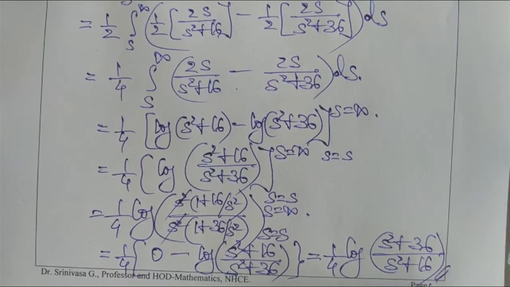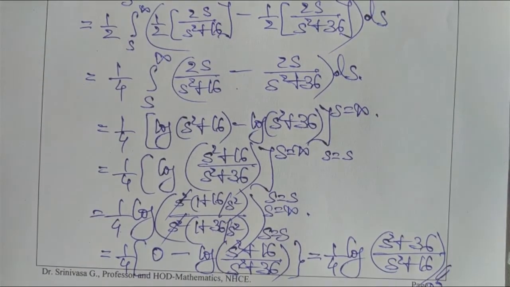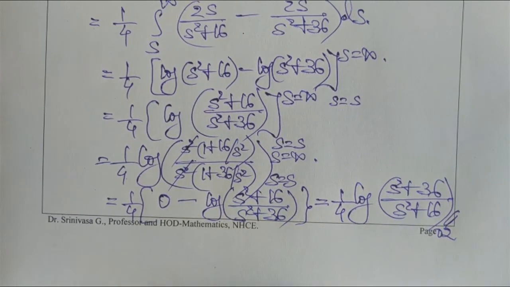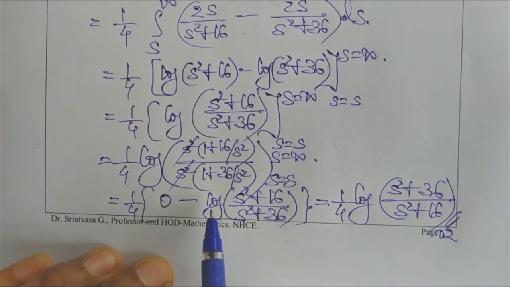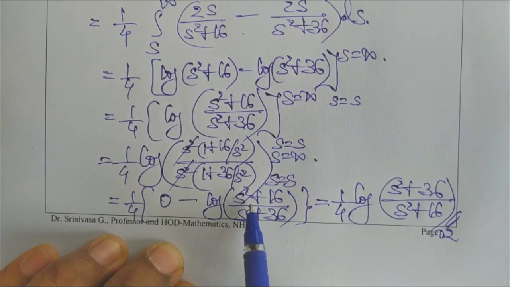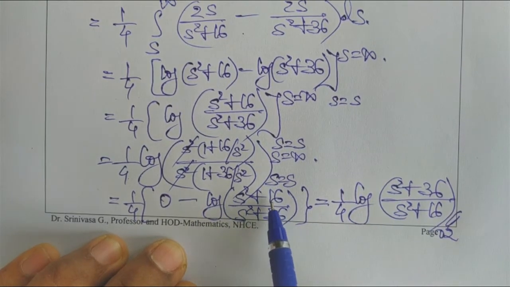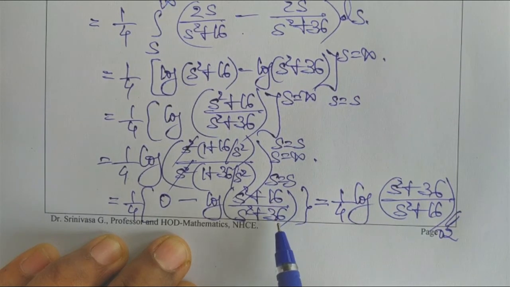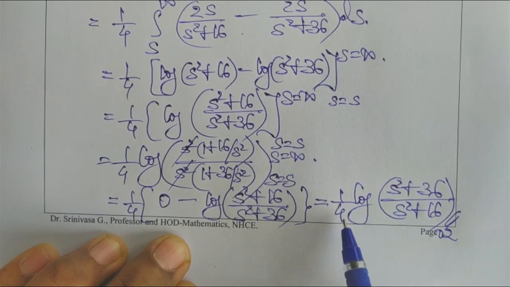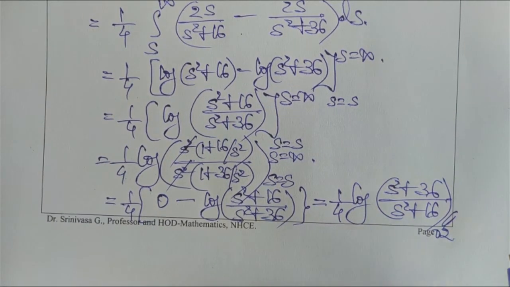This is your answer. Remember, here you should be very careful. Whenever a minus sign comes for a log, the numerator goes to the denominator and the denominator goes to the numerator, therefore it becomes plus. So 1 by 4 into log of s square plus 36 divided by s square plus 16. This is your solution.